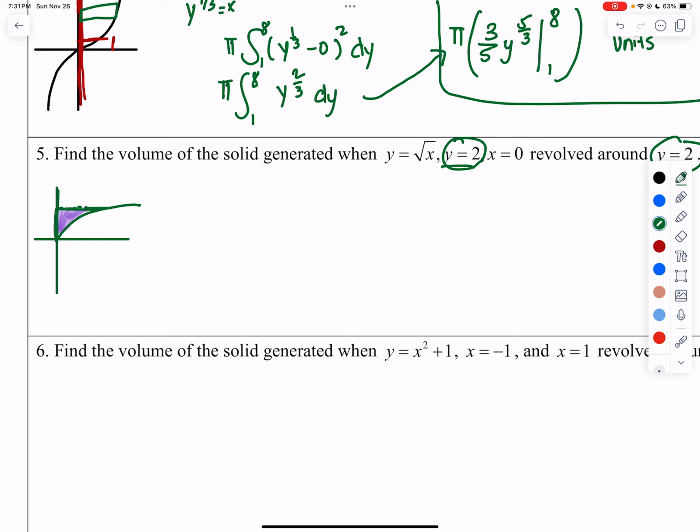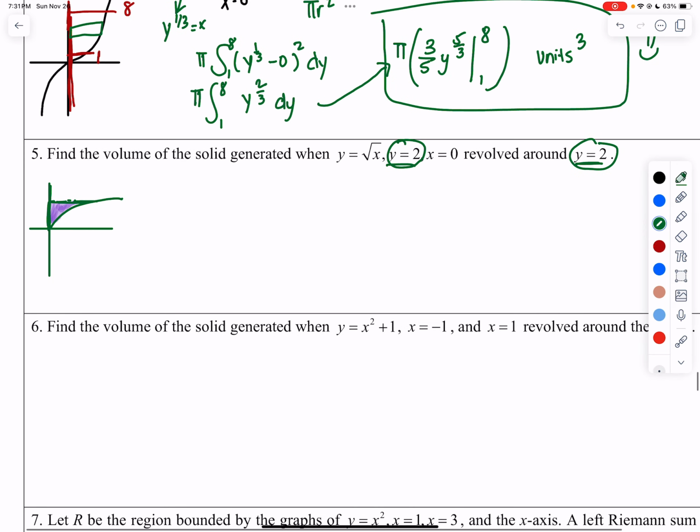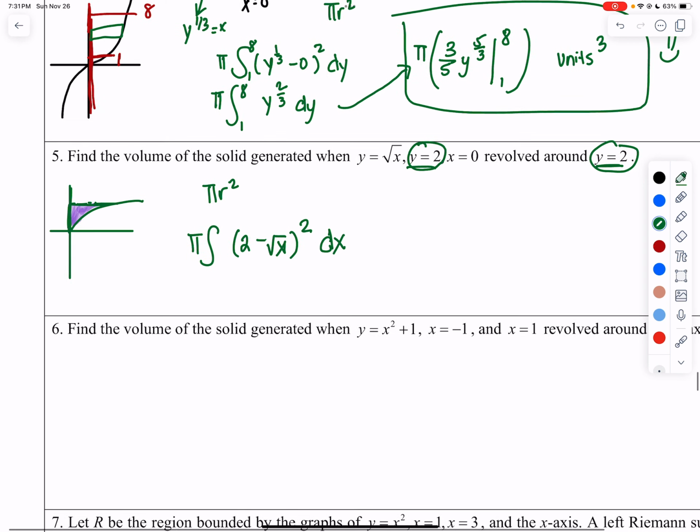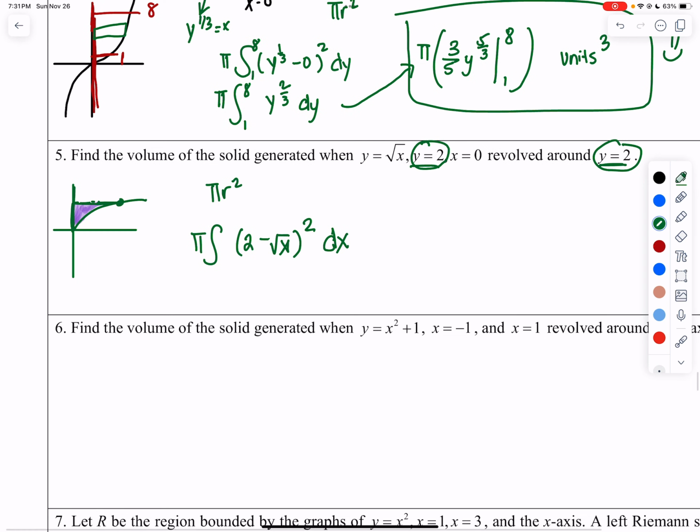Okay, so I could do top minus bottom. So my top is going to be 2, and then my bottom is going to be the square root of x, squared, dx. And then I just got to figure out what my intersection is.